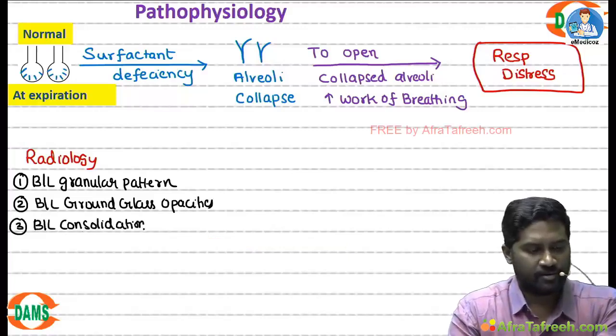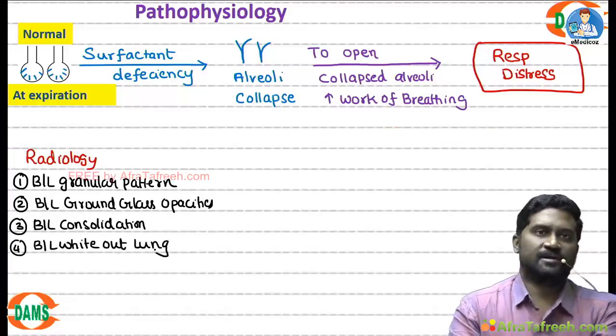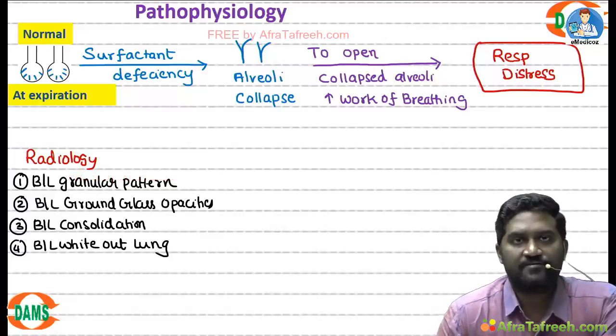Don't worry about all these opacities. When I discuss various respiratory diseases, I will show you each and everything in detail. Bilateral ground glass opacities, bilateral consolidation, bilateral whiteout lung.